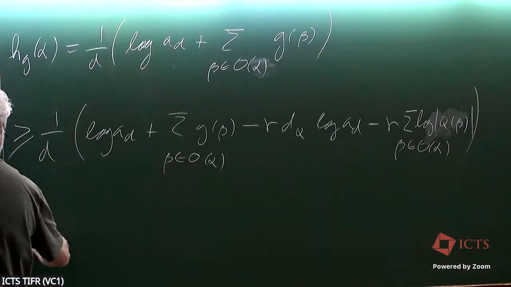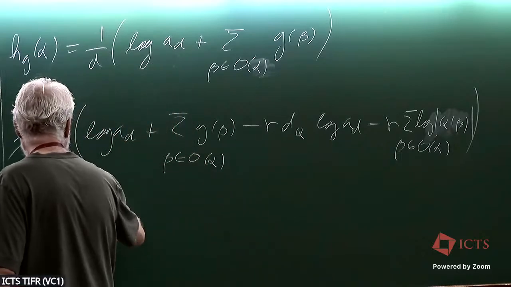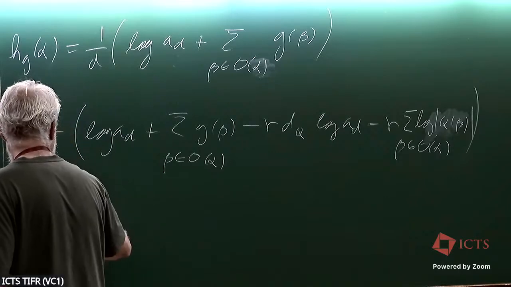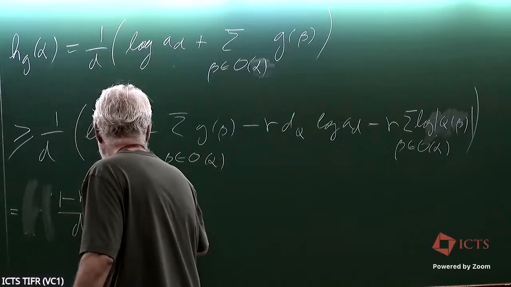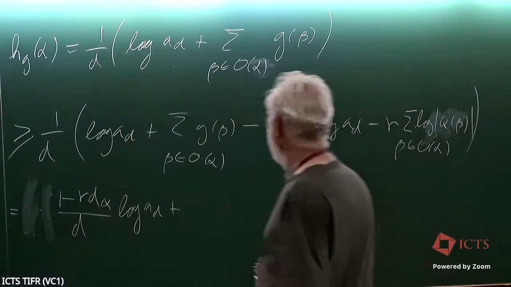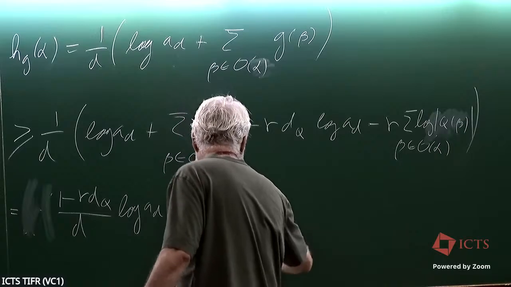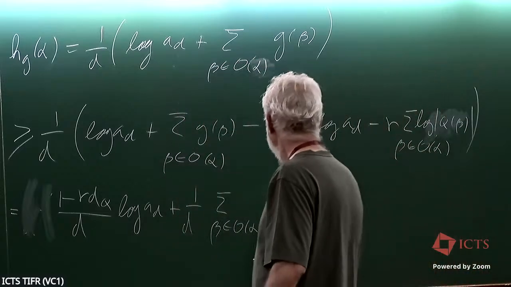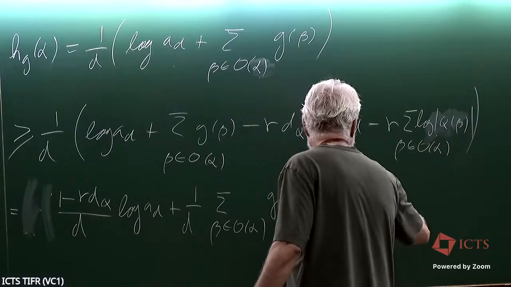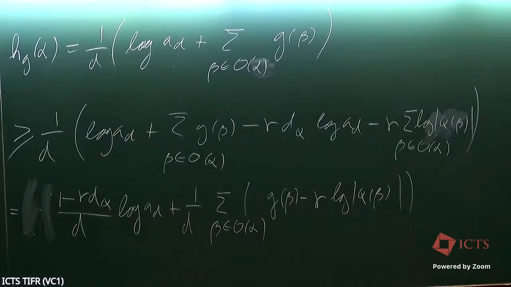So this is 1 over D. Then log of AD, I have the quantity is 1 minus R dq, times log of AD, plus 1 over D, the average of the sum for beta inside O of alpha of G of beta minus R log of absolute value of Q evaluated at beta. Okay, I have just rearranged some terms.